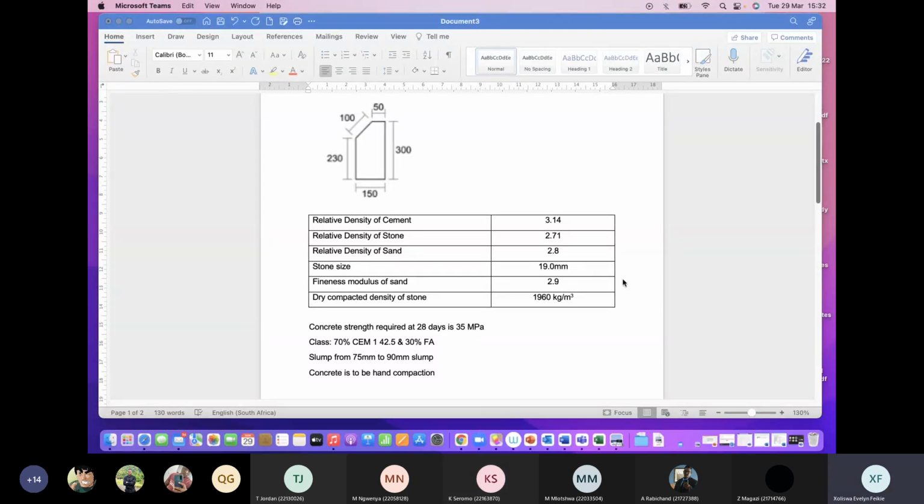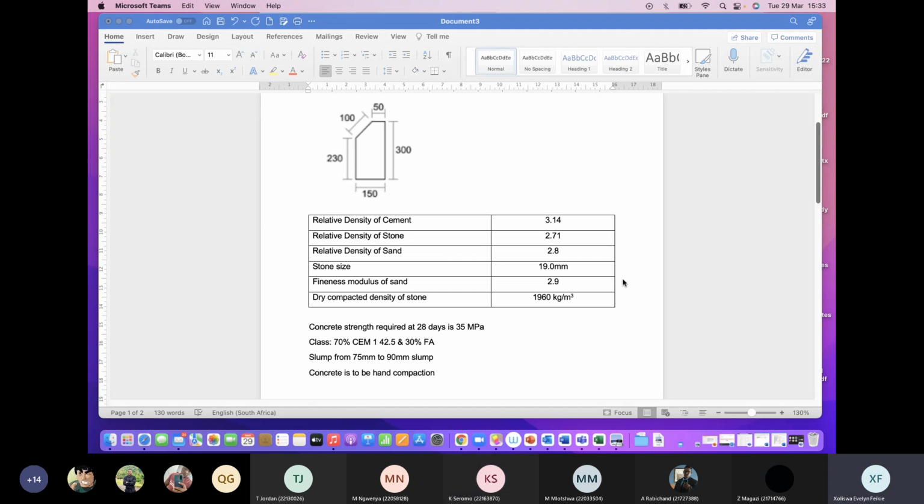Go to your book, page 122. Are you there? Yes, ma'am. Okay. Look at the question that is on the shared screen. They said the stone size that you're using is what? 19 millimeters.